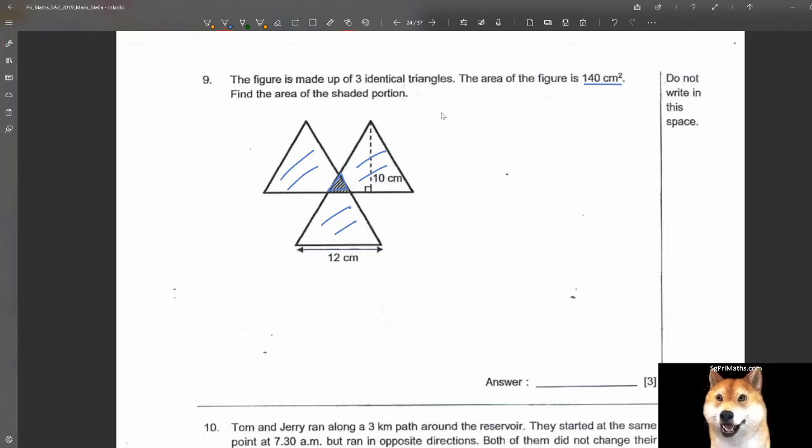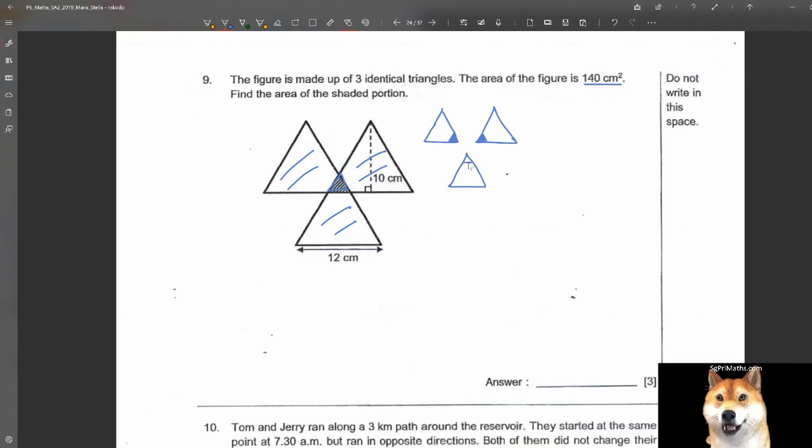So we can try to visualize by separating the 3 triangles out. For example, this is the top left triangle. This is the shaded center point here. This is the top right triangle, overlapping triangle here, and the bottom triangle.